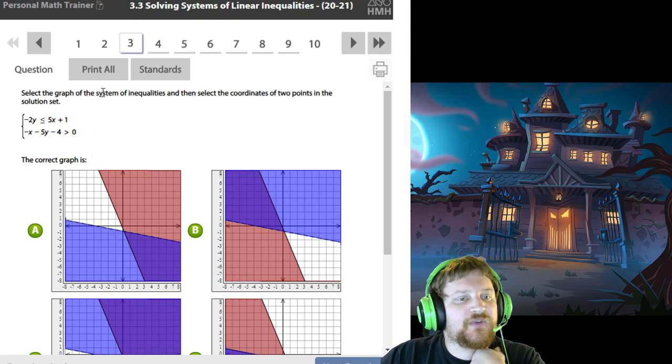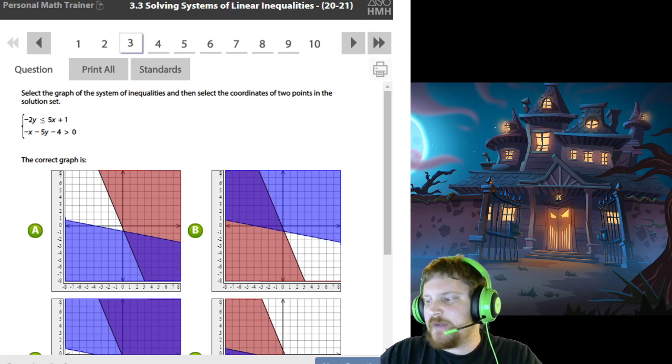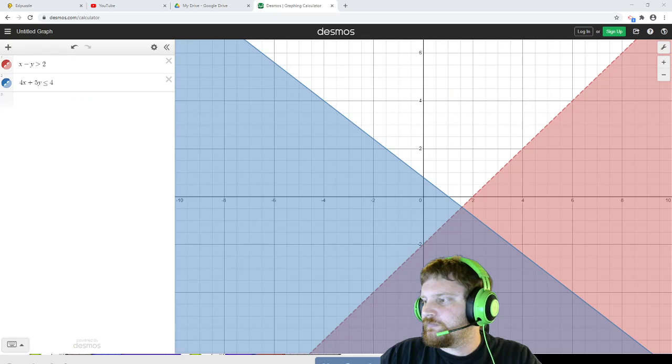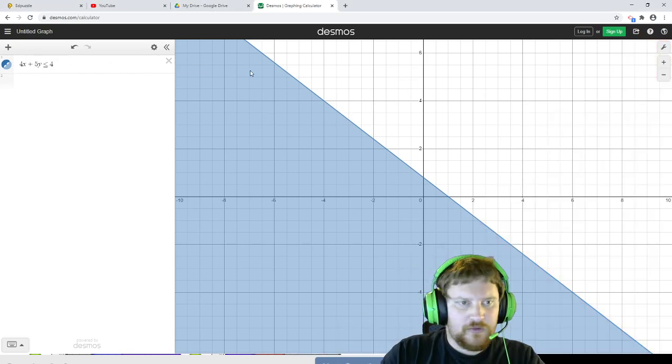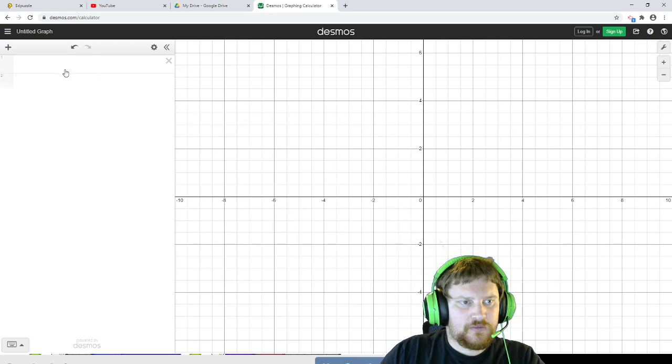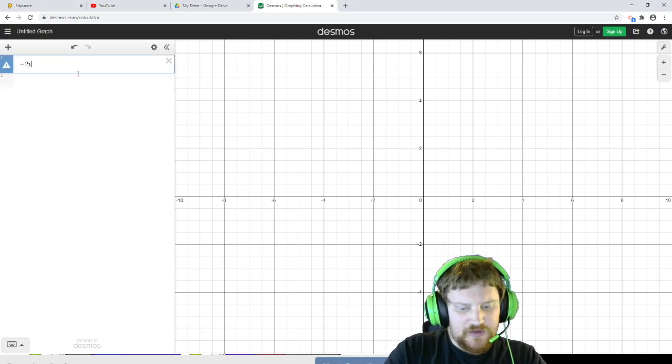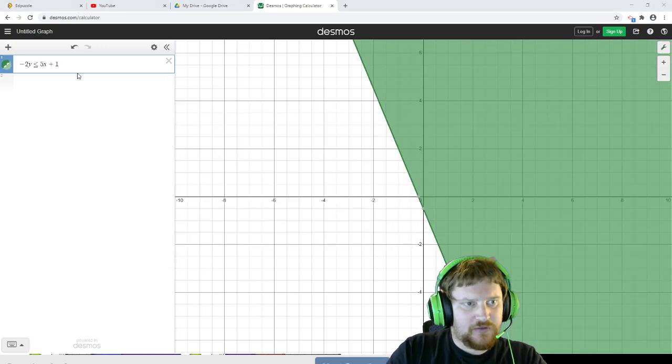Select the graph of the system of inequalities, then select the coordinates of the 2 points, so same basic question. Let's go ahead and just plug it into Desmos this time. Alright, so negative 2y is less than or equal to 5x plus 1.